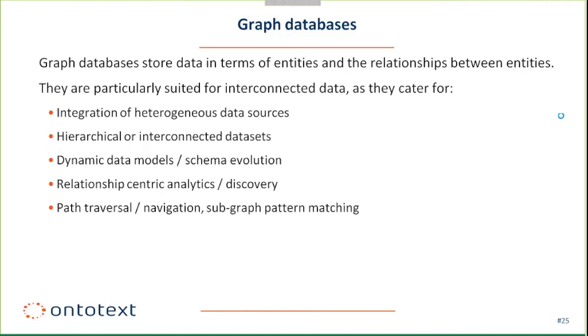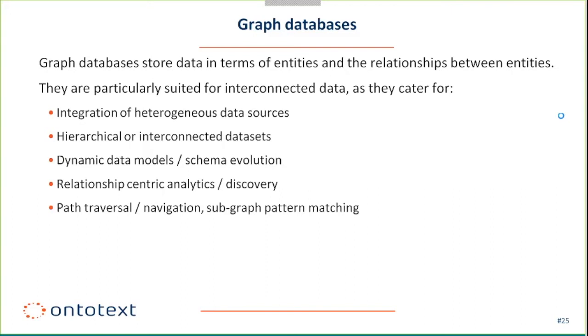So they are particularly suited for data that is interconnected, as they take care of integrating your heterogeneous data sources, as well as handling data sets that are either hierarchical or interconnected.